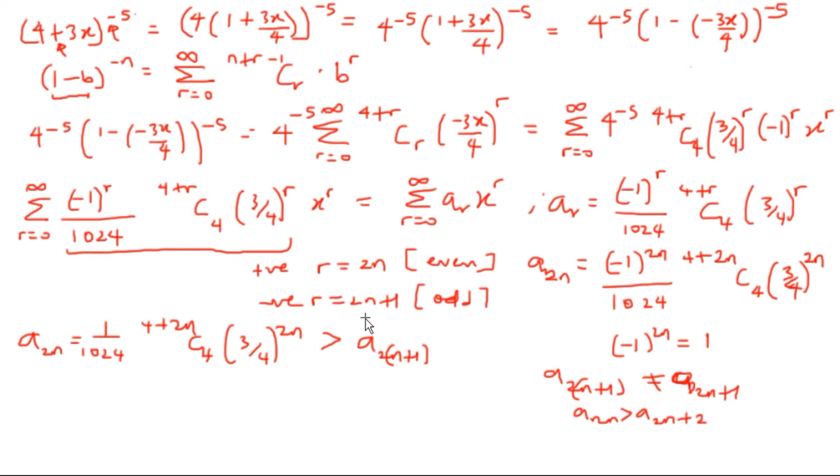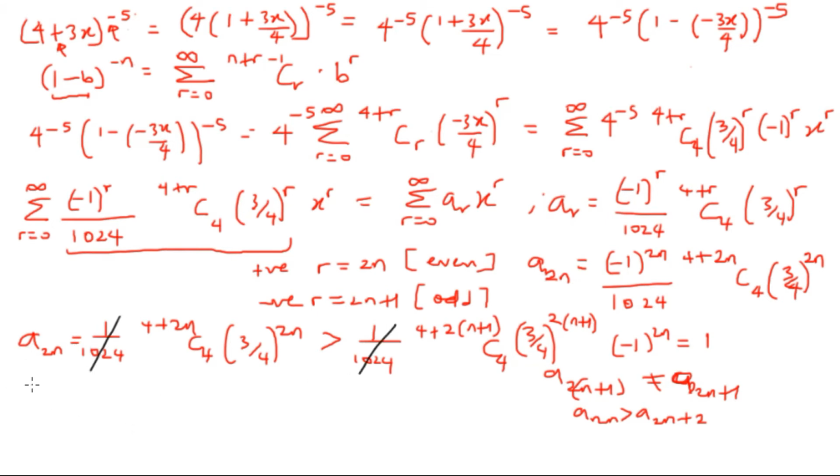I just need to do the substitution now. So it has to be greater than 1 over 1024, then (4 plus 2(n plus 1)) combination 4, and of course (3 over 4) raised to power 2(n plus 1), isn't it? Now I can cancel out this coefficient because it can be cancelled out.